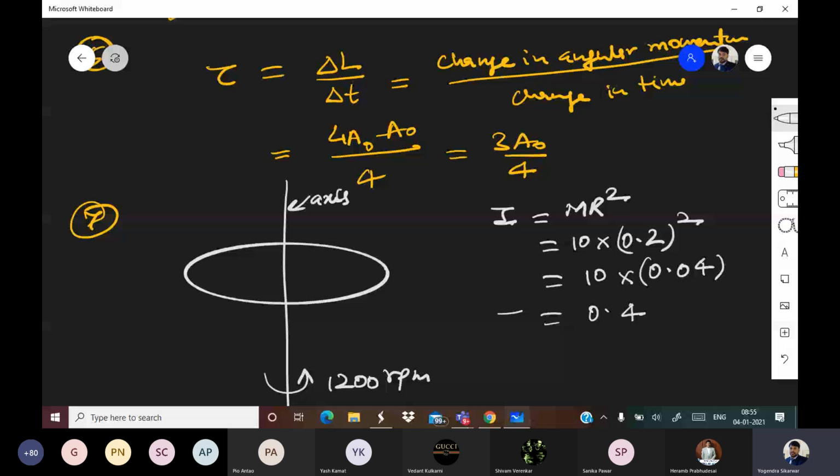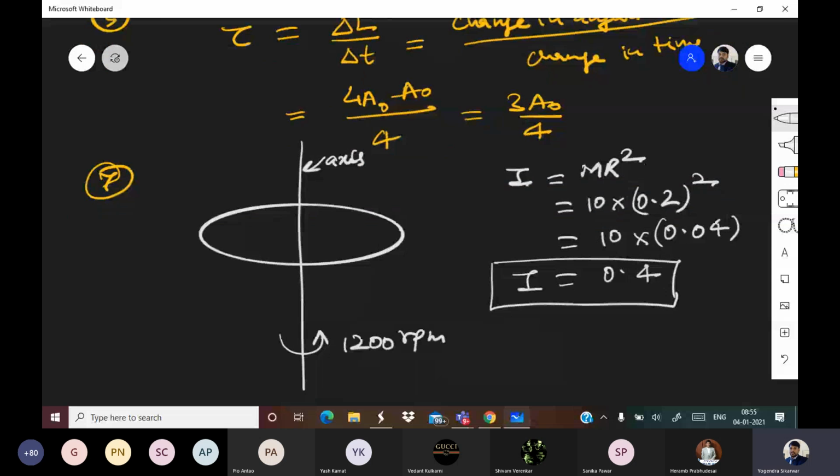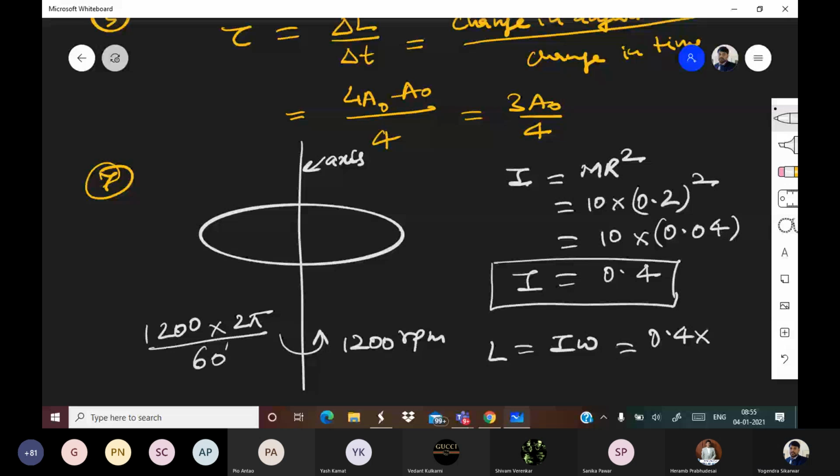Now the second thing is angular momentum. Angular momentum L will be I omega. So I is 0.4 and omega is, pay attention, this 1200 is rounds per minute. In one round, how much is it rotating? 2 pi, and 1 minute means 60 seconds.